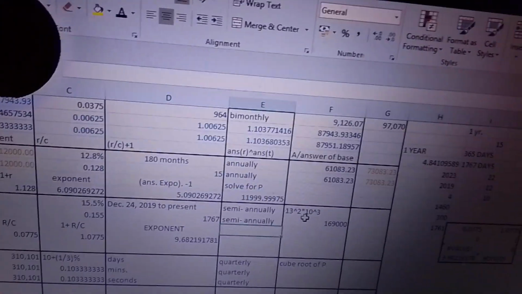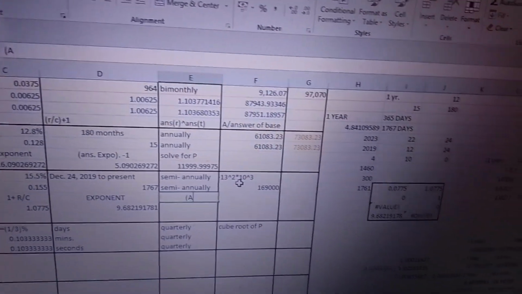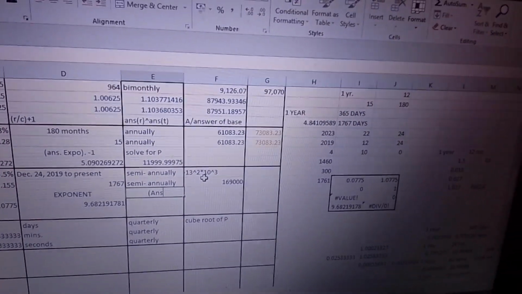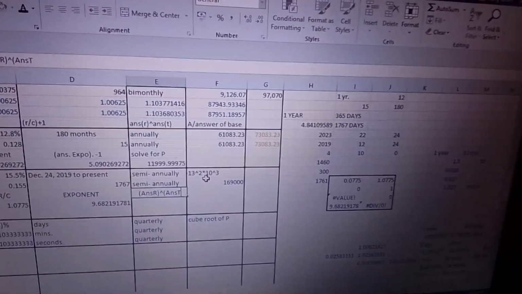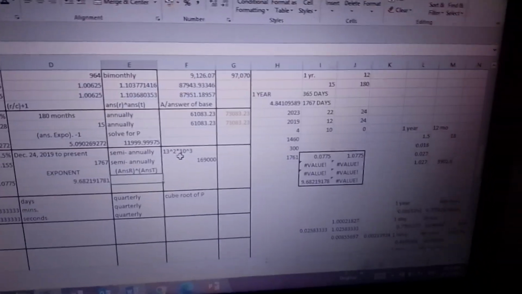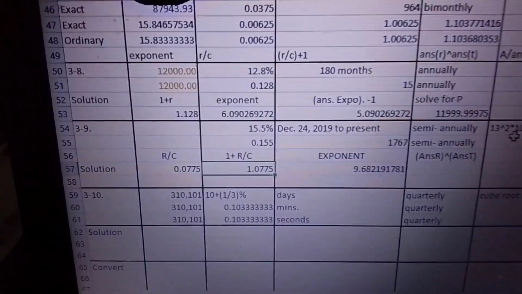So, therefore, dito we type answer of R, raised to the answer of T. Di ba? Nasaan yung answer of R? Di ba, remember, the answer of R is right here, yung 1.0775.